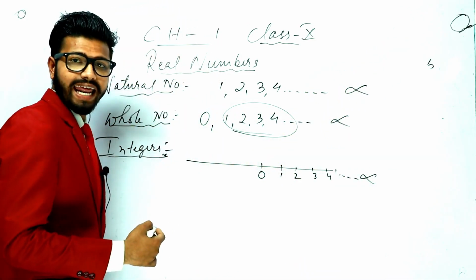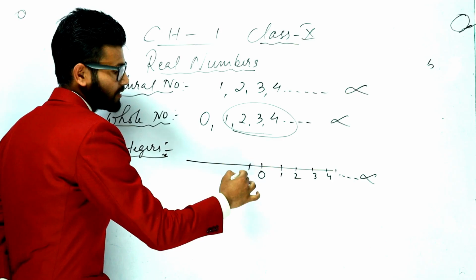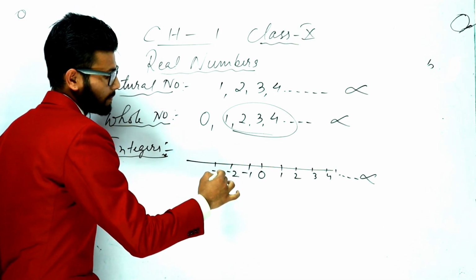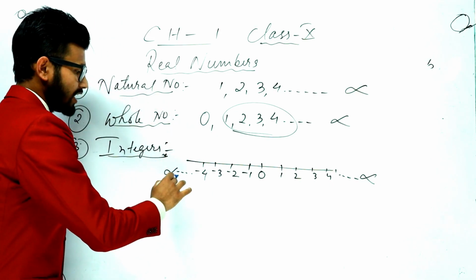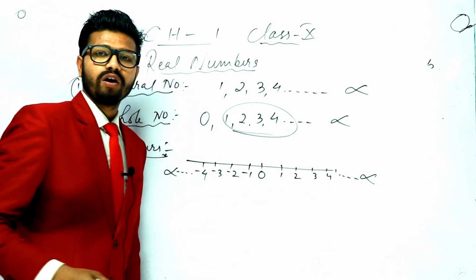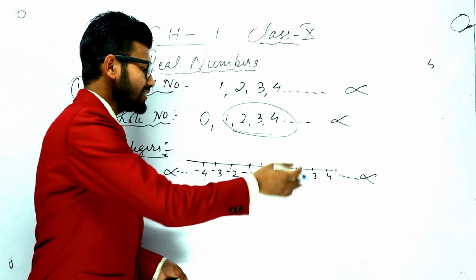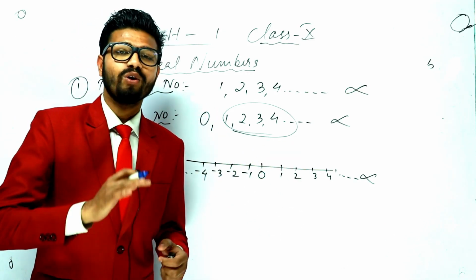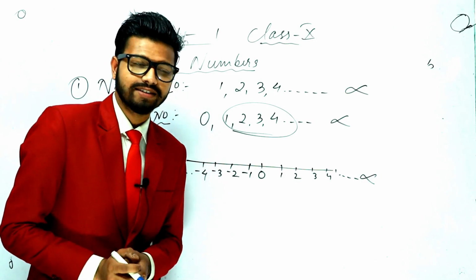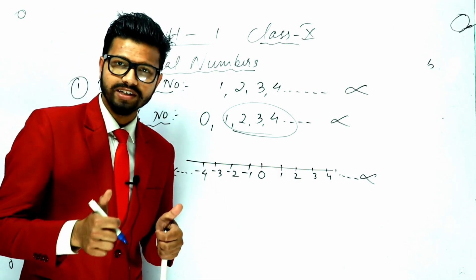If I go to the extreme left-hand side, you will get -1, -2, -3, -4 and so on, toward negative infinity. All these numbers, positive or negative, we consider as integers. I hope it is clear.